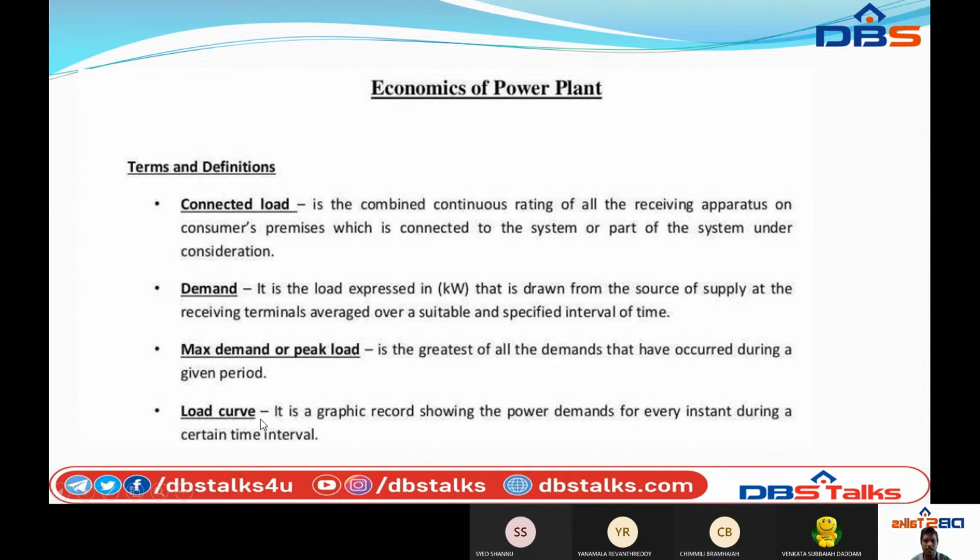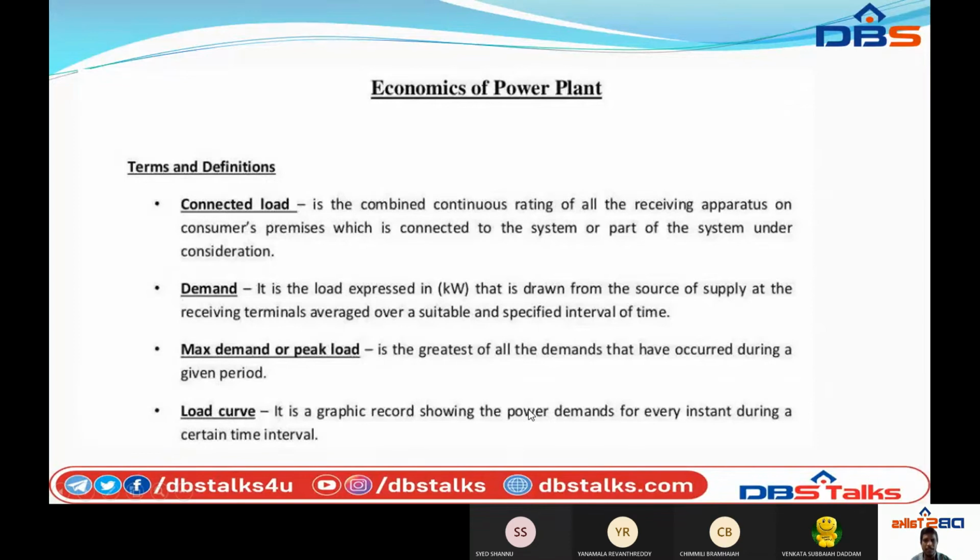In the load curve, we are discussing a record. It is a graphical record showing the power demand. There is the hourly basis load curve and the daily basis load curve.